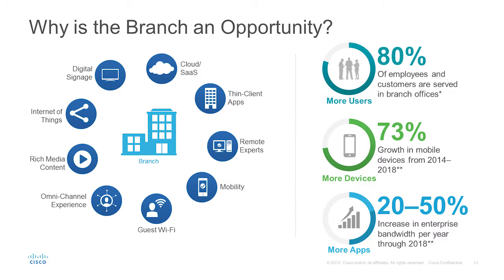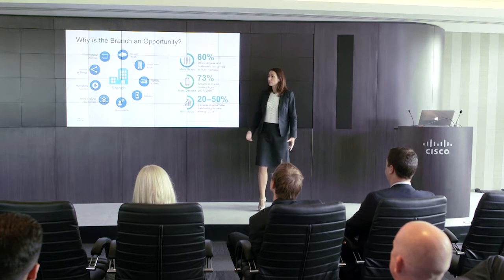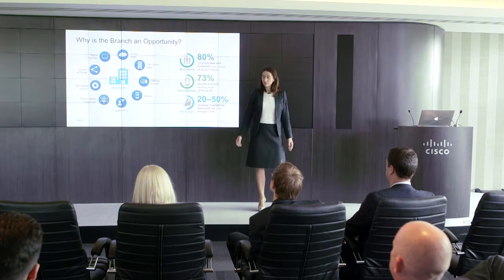We need to give them agility because they're only going to have an increased number of employees, customers, applications, and devices to manage, and that will result in a branch that will have more demand for bandwidth to deliver all these things. And how can we help with that?